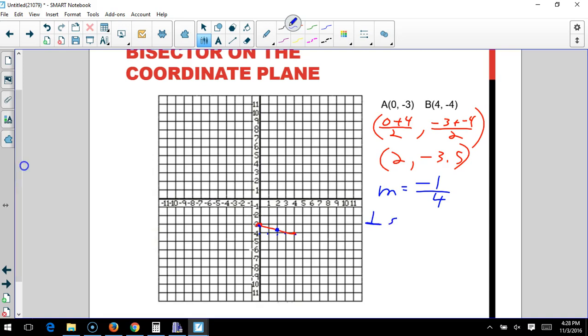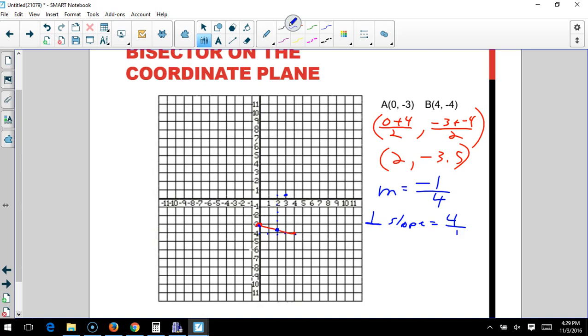Our perpendicular slope is going to be +4/1. So we're going to count from the midpoint up 4, right 1. Now since it's in the middle, we count in the middle here, 2, 3, 4, and right 1. So this is our new point.